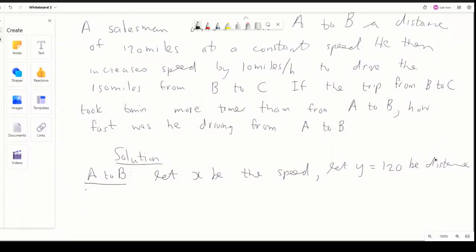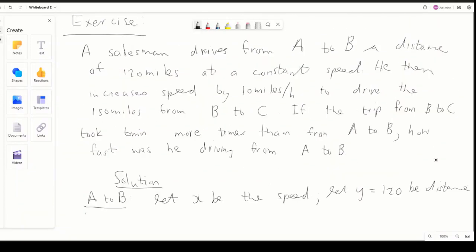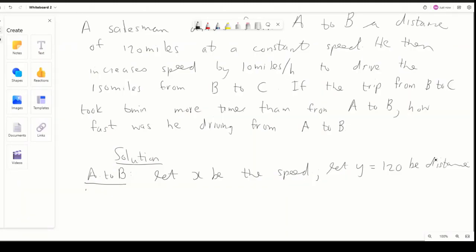So just when he goes past B, he increases the speed by 10 miles per hour. The speed was X between A and B, then it increases between B and C to X plus 10.